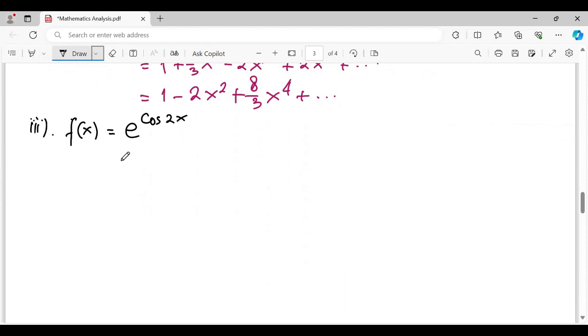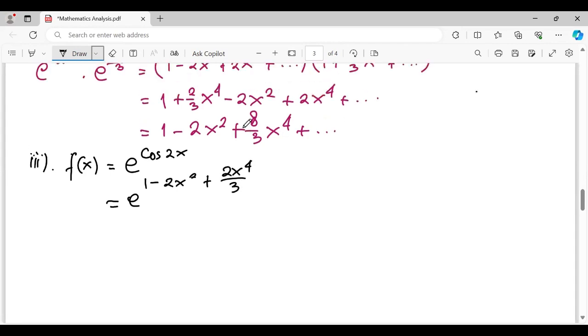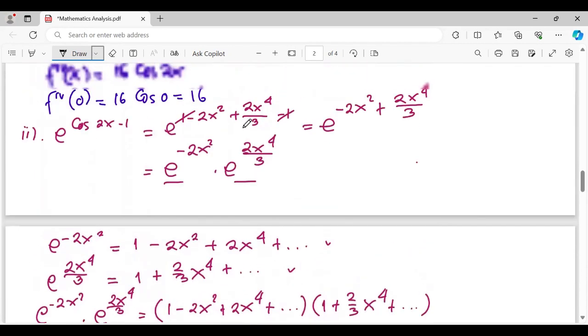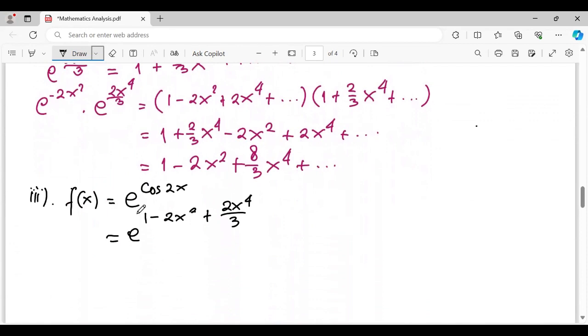So it is e to the power of 1 minus 2x squared plus 2x to the power 4 over 3. Sorry, this one I have to make clear. This is different: the previous one was e to the power cosine 2x minus 1, while this is e to the power cosine 2x without minus 1.